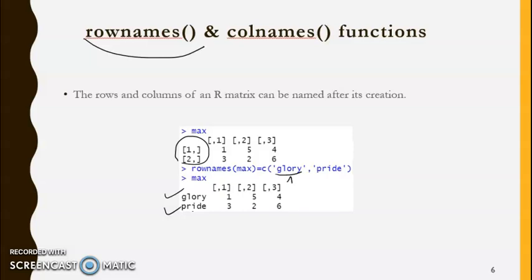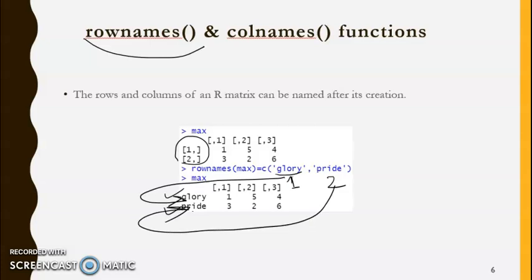It is 1, and what an ugly one. And it is 2. So it goes for the first row and it goes for the second row. So you put row names of max, you put glory, pride, and after that, when you print the result that is max, you get this. Make sure you do it on your R.